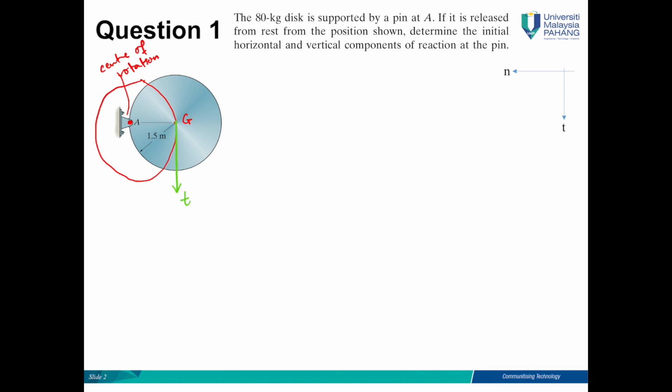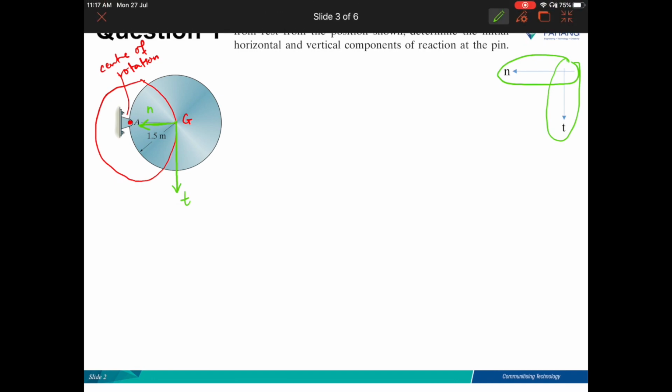This will be tangential. That's why we define tangential like this. And the normal axis will be pointing to the center of rotation, which is point A. So this is normal. So that's why we use normal axis like this.